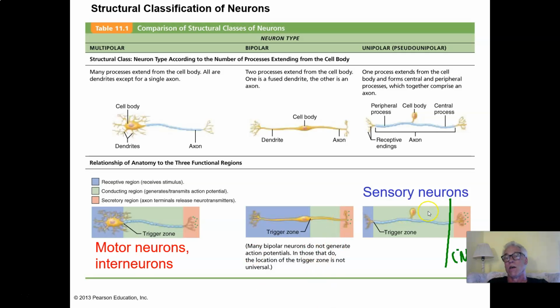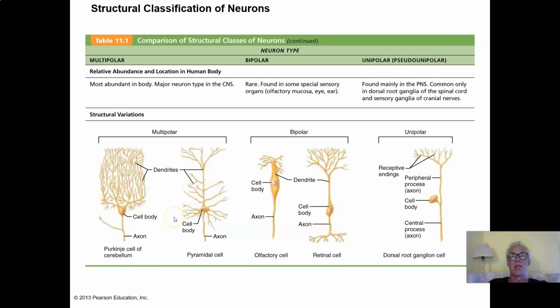So we have a relatively small number of sensory neurons, or unipolar neurons, an unimaginably large number of multipolar interneurons that form the mass of the brain and the spinal cord, and then a relatively small number of motor neurons carrying the information out to the periphery. So that's our classification of neurons.